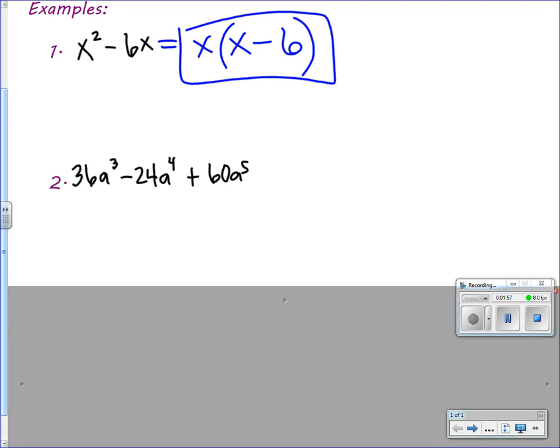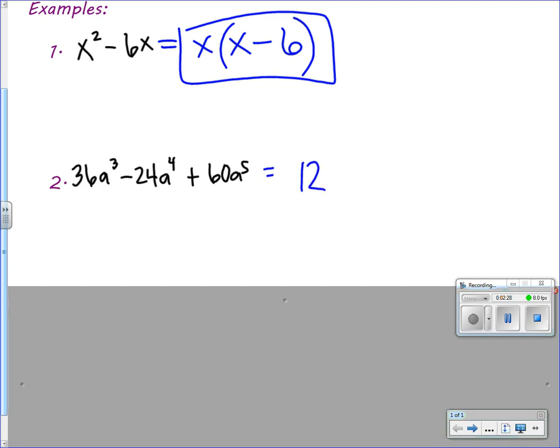So first we want to think, okay, out of the numbers 36, 24, and 60, what's the greatest number that divides into all three of them? 12, 8, which one? No, what number divides into all of them and is the greatest number that divides into all three? 12, right? So then we're going to factor out a 12.